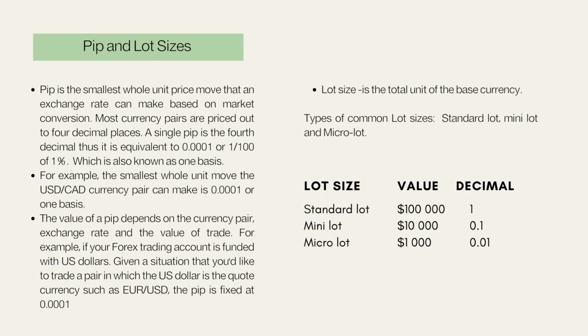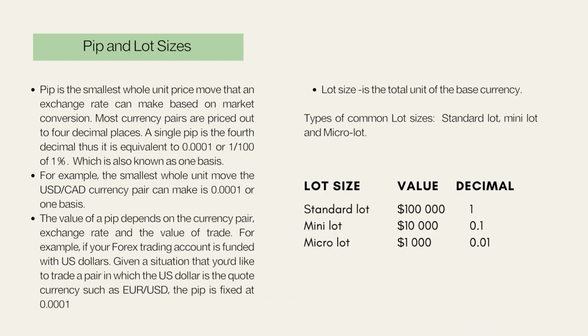Currency pairs are quoted in terms of pips. The value of a pip depends on the currency pair, the exchange rate and the value of the trade. Let's say your Forex account is funded in US dollars. If you want to trade Euro to USD in this case, since the US dollar is the second currency, or what is known as the quote currency, the value of one pip is fixed at 0.0001.